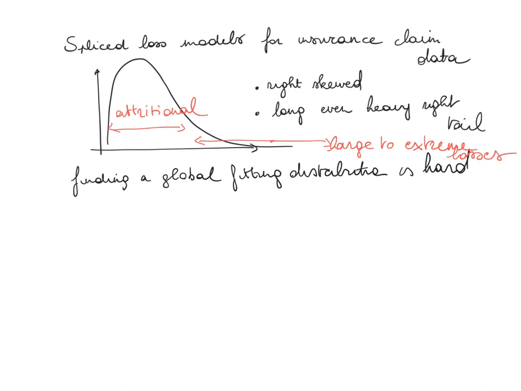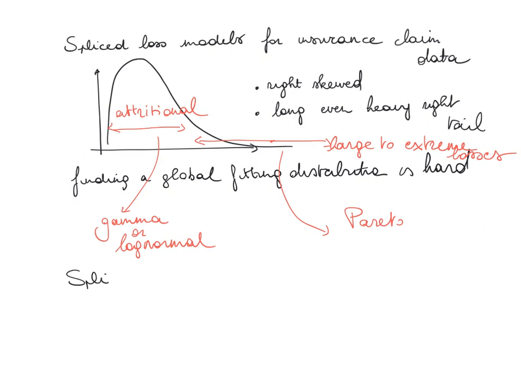Because typically if we would look at the attritional losses, we would think about a distribution like a gamma or a log normal, for instance, or an exponential or something. If we look at the larger losses, we could think of a Pareto or Pareto type distribution, right? So splicing is used to combine both. It combines different distributions fitting on different intervals and puts them together.